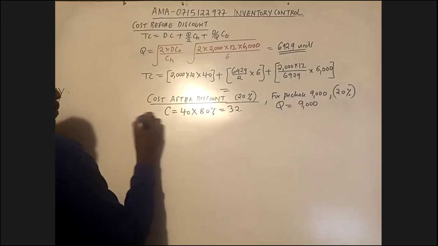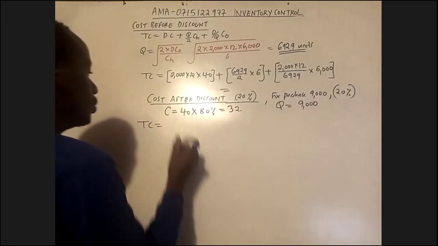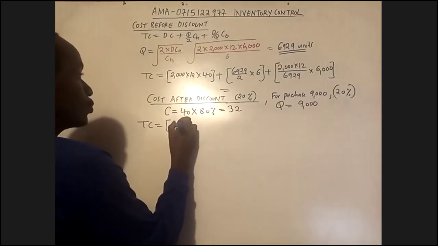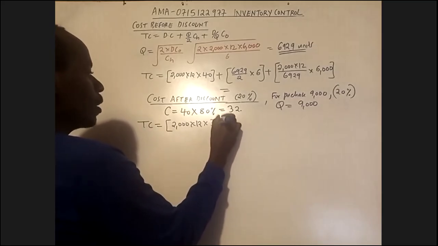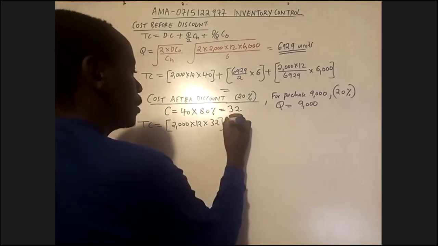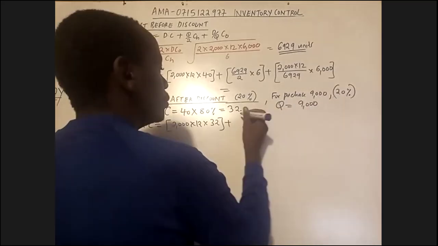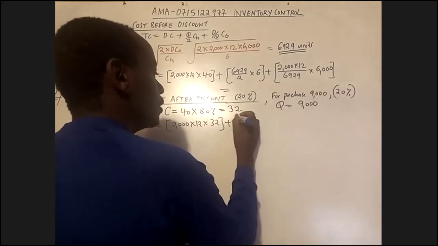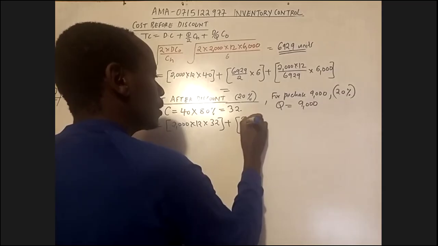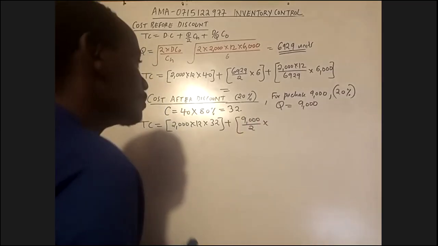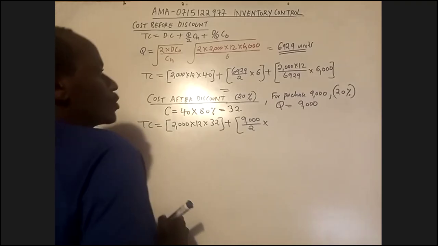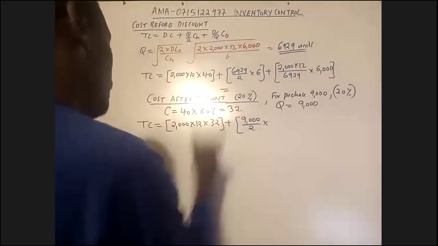So we say total cost is equal to DC, which is 2,000 times 12 times 32, because our price has changed. Plus Q over 2, where our new Q is 9,000 over 2, times CH. Now I need to compute our CH.